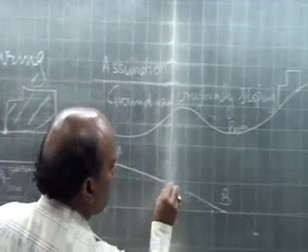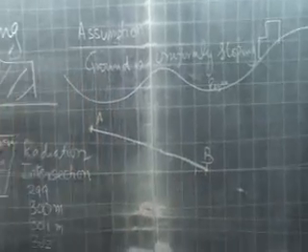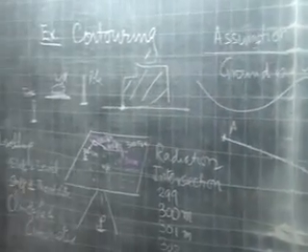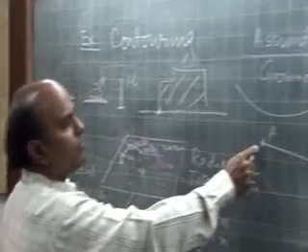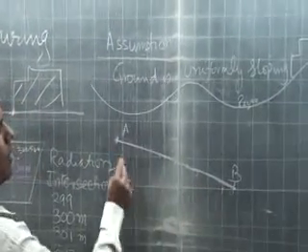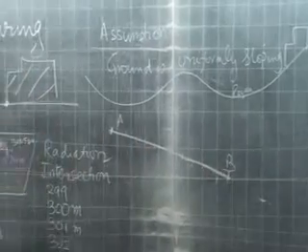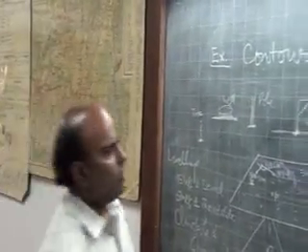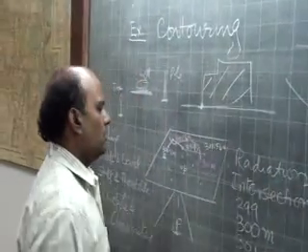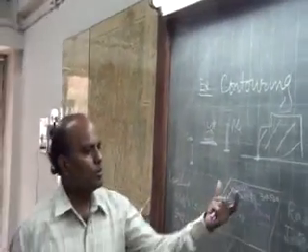So you use simple linear interpolation techniques: the ground is uniformly sloping, we know the distance, we know the elevation of one point, we know the elevation of the other point. We can simply divide this distance and work out what will be the required elevation. So this is the way to do the contouring.